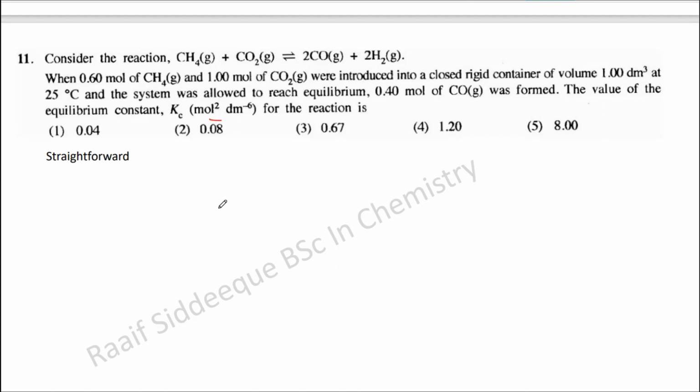Is there any mistake that I did here? I guess no, because 1 decimeter cubed, 25, and everything is given, and they are asking in mol squared dm minus 6. Yes, no problem. 0.4 is there. Yeah, the calculation is okay.